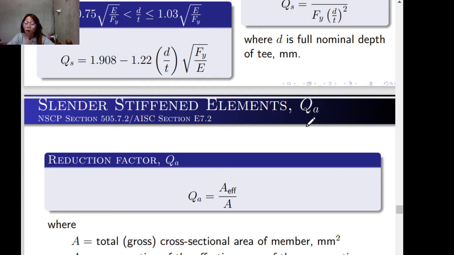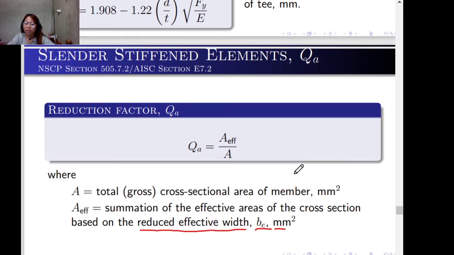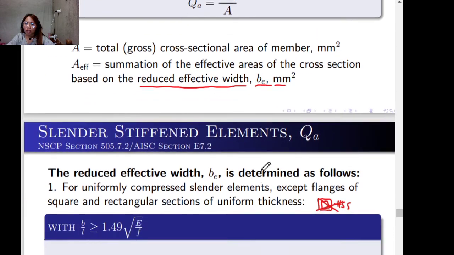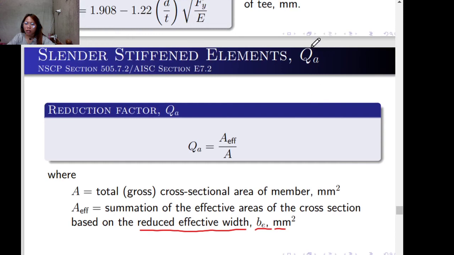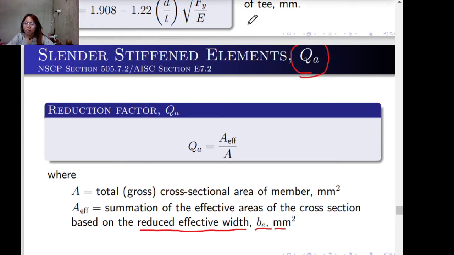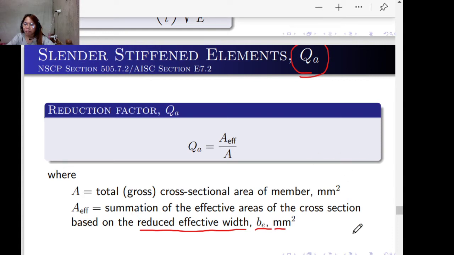So the element is stiffened, and we need to compute Q sub A. In this problem, since it is a stiffened element, Q sub S is already equal to 1, no?